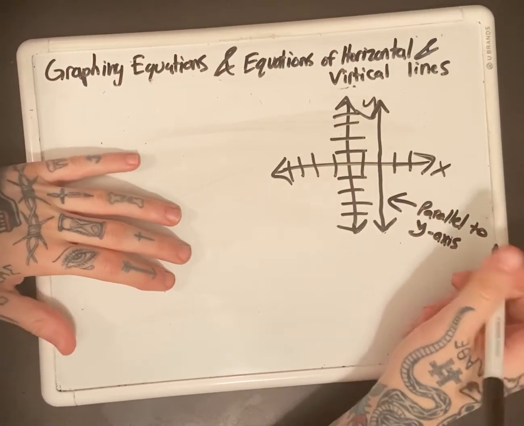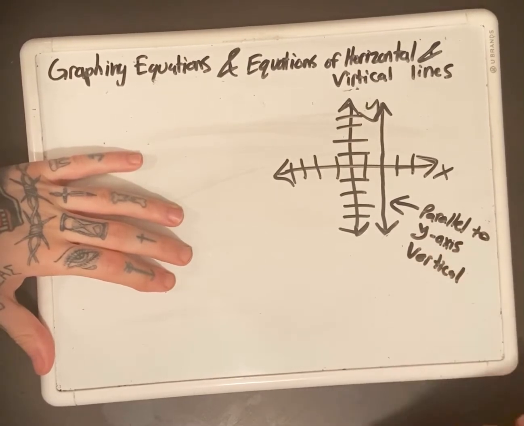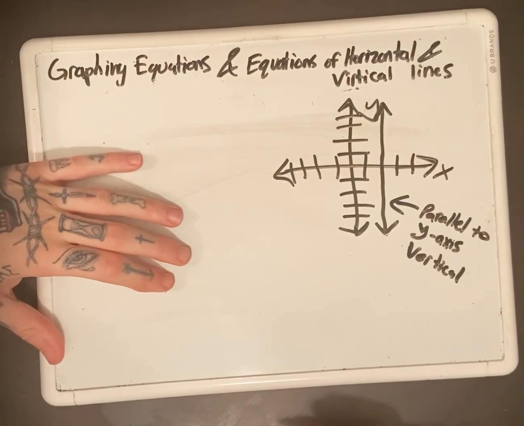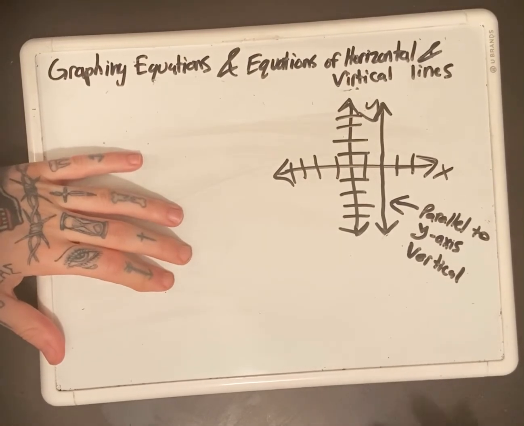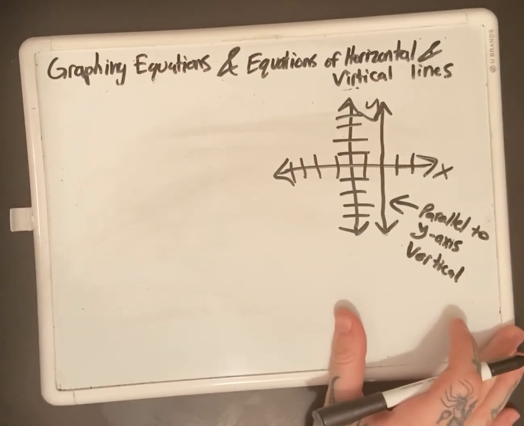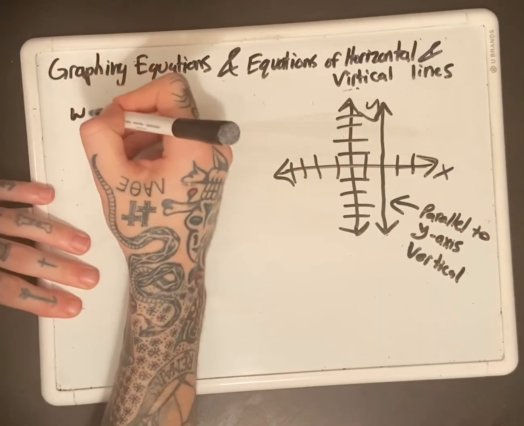Okay? And it's vertical. The other was parallel to the x-axis and horizontal. Now, what do we think the equation looks like?